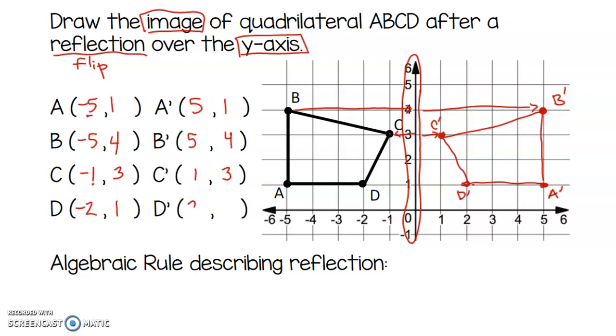X is the opposite, so 2 for D, and keep the y, right? So when we flip over the y-axis, we're going to make x the opposite sign, okay?